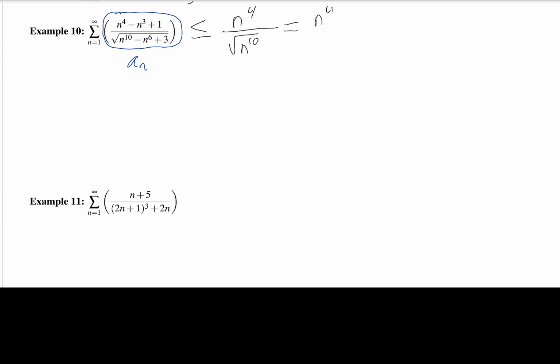This is the same thing as n to the 4th over n to the 5th, which is the same thing as 1 over n. We know that this is a p-series which diverges. So this is going to be our b sub n, which diverges.